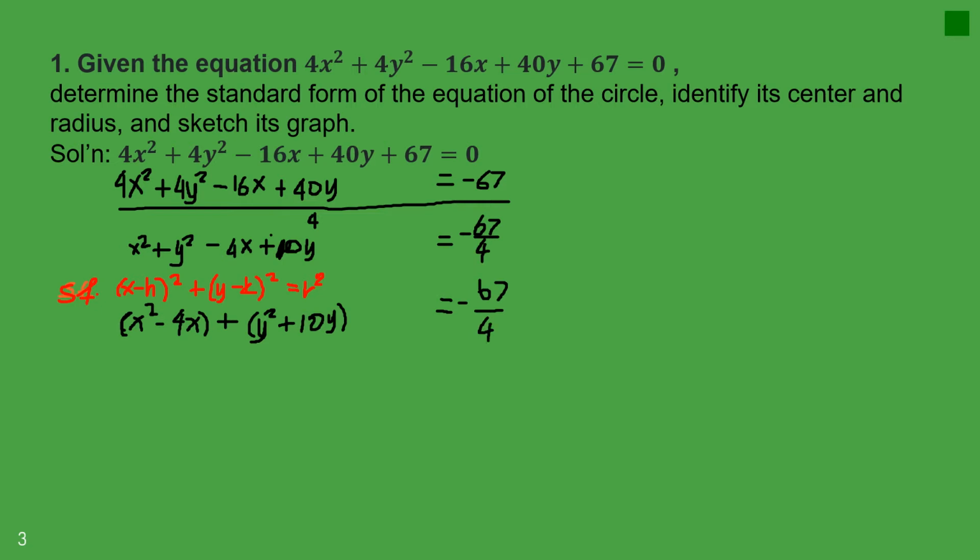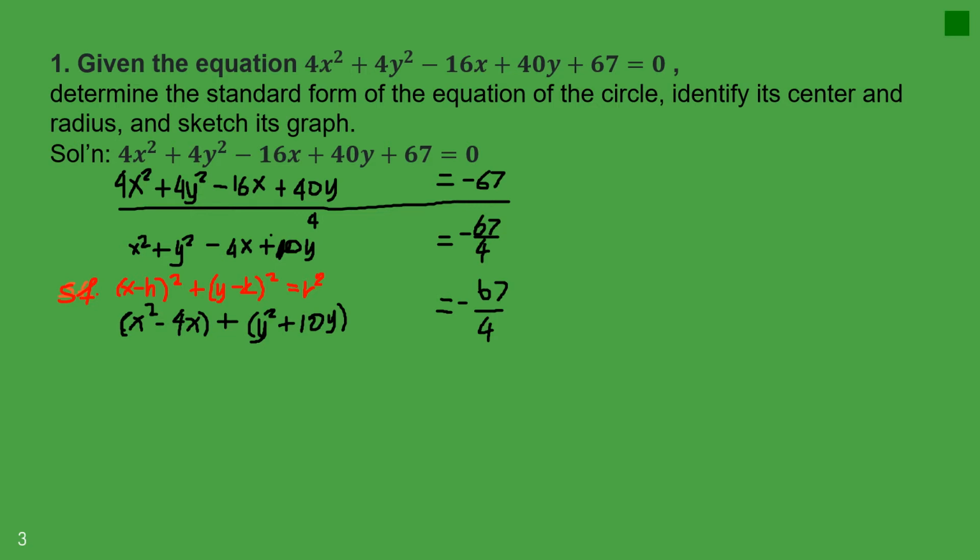Okay, so now we have groups of binomials, and so that we can come up with the left side of the standard form of the equation of the circle, we try to express these binomials into perfect square trinomials. Would we be able to do that? Yes, of course.